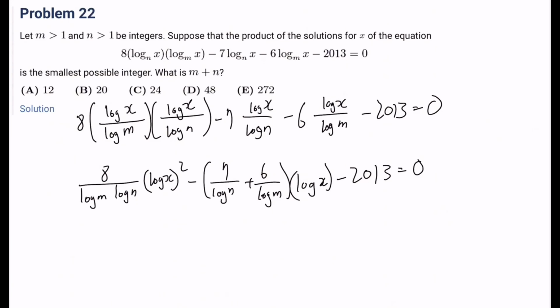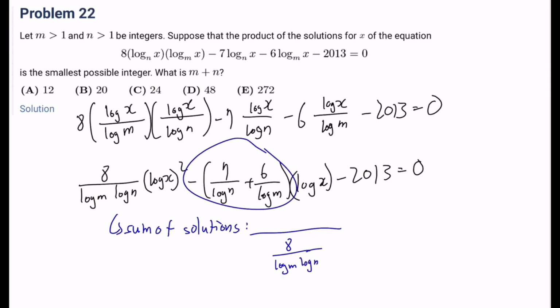Now what we have to notice is that the roots of this are going to be the values of log x. So the sum of the values of log x is what ultimately gives us the product of the roots of x. The sum of these solutions is going to be the denominator, log m log n, all under this, and then minus, and this one becomes plus, so 7 over log n plus 6 over log m.